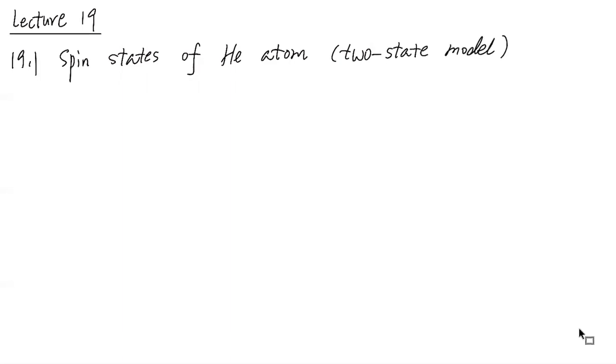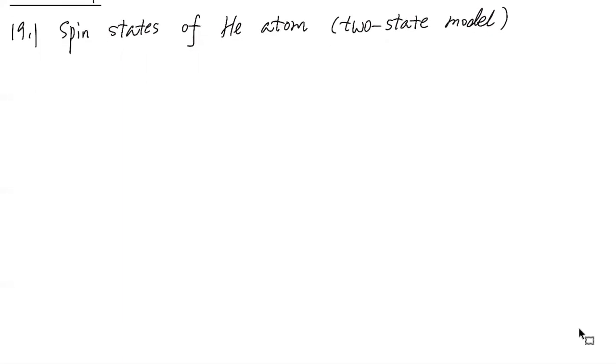So we only consider one s orbital and two s orbital. So of course, we know the ground state of helium atom is 1s2 configuration. This is the 1s2 configuration.